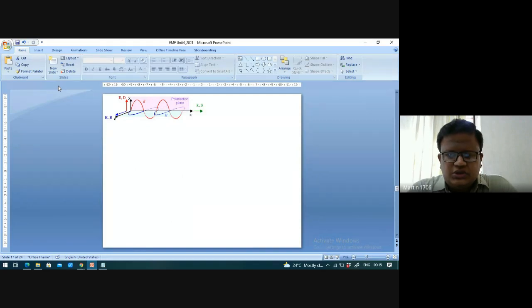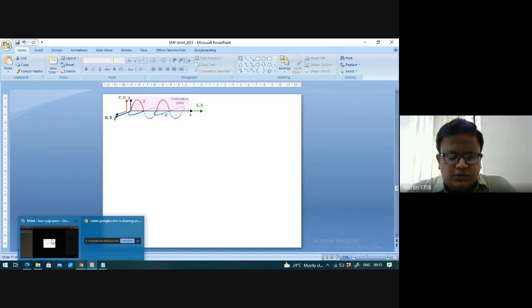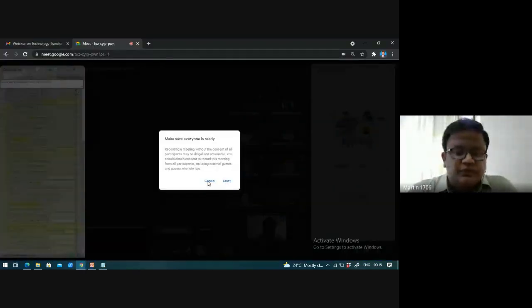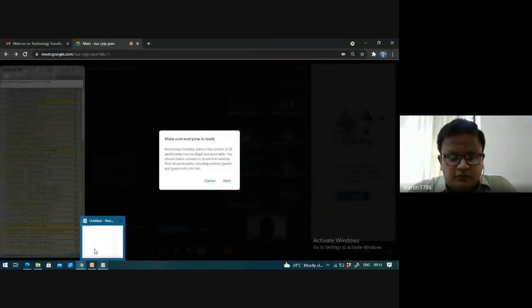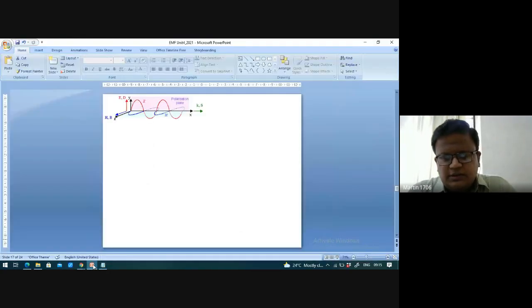In today's lecture, we are going to study the pointing vector. So, what is the pointing vector? The pointing vector is nothing but the power flow. Usually it predicts the power flow of a given medium.